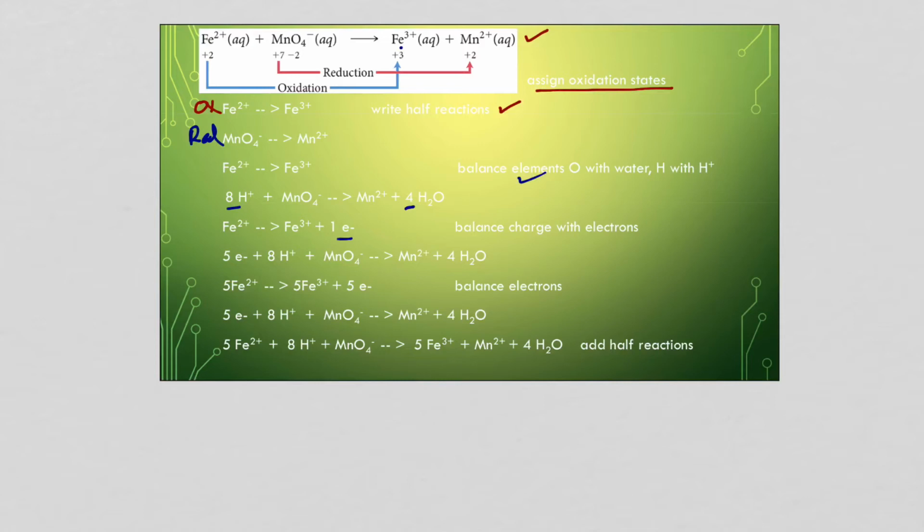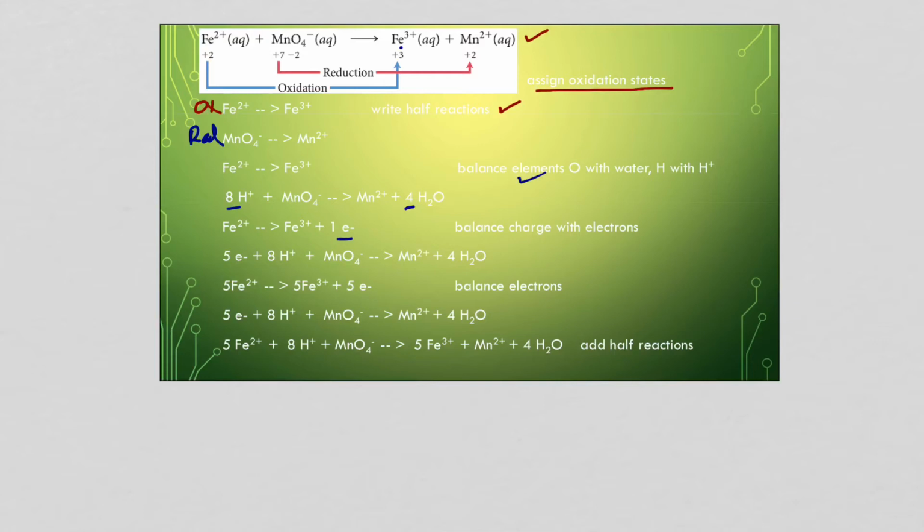For the reduction half reaction, if we look at the charge, up here we have a positive 8 and a negative 1. So we have a positive 7 over here. Over here we have a positive 2. So that's going to reflect a 5 electron reduction, right?